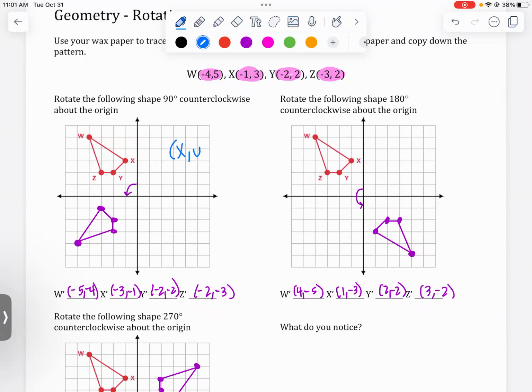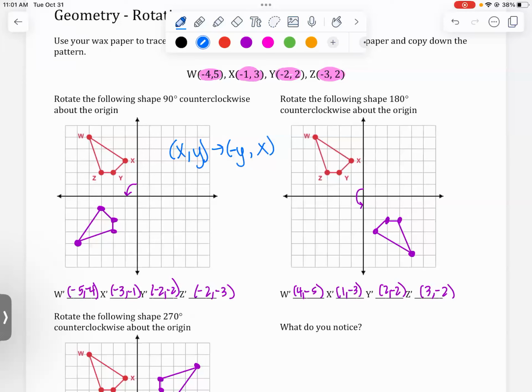X comma Y goes to what? Y and X flip, and then which one becomes negative? The Y, right? Because look, all of these Y's are positive, but if we switch them places, these are now negative. Okay, cool.